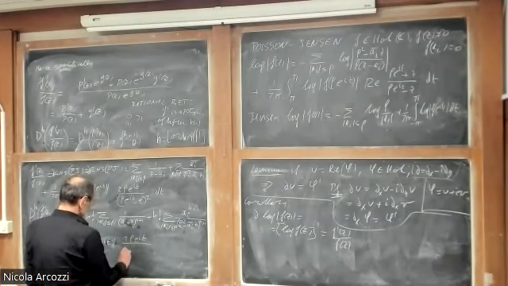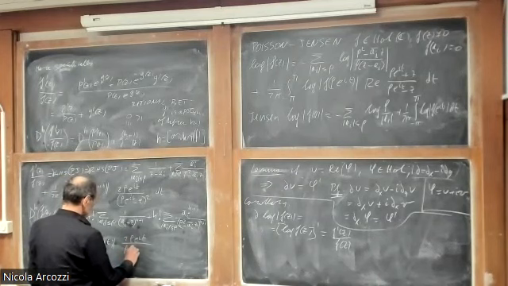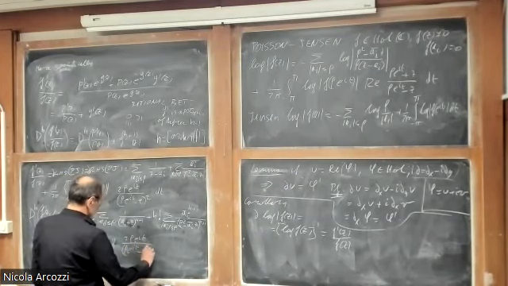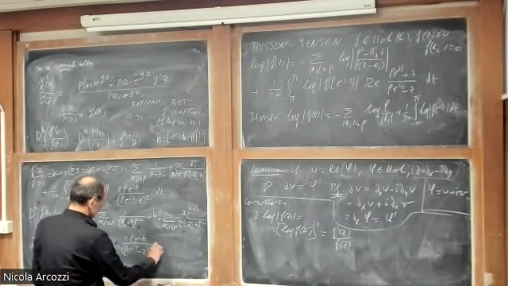And then here I get some rho e to the i theta minus that, to the power h plus 2.